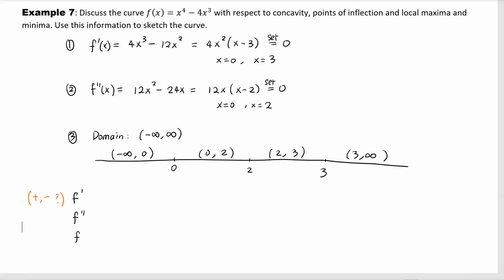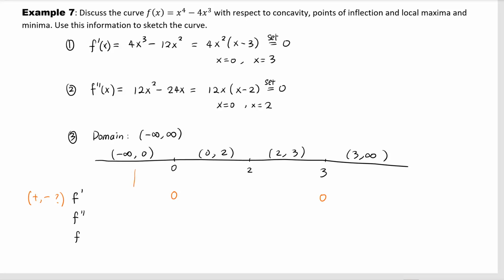We know the critical points are 0 and 3, so f prime of 0 is 0, and f prime of 3 is also 0. On each interval, we pick a number in the interval and plug it into f prime.